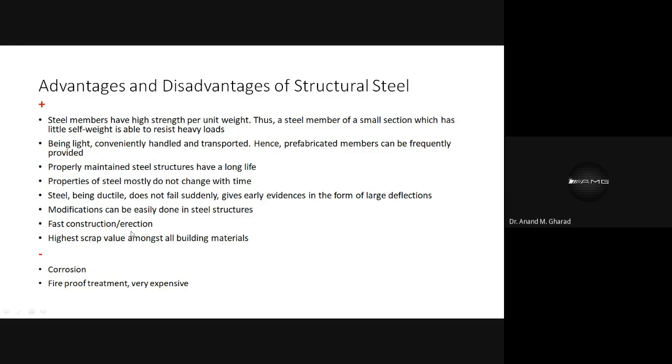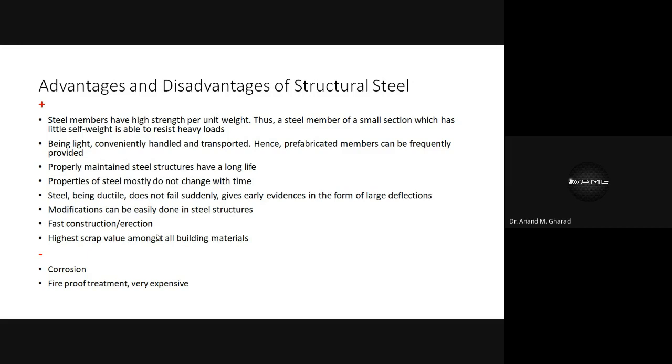Fast construction and erection process is there, because it doesn't require any curing process. We don't have to wait for days and hours. We can go on constructing multi-storied structures within 1 day or so, if expertise is available.